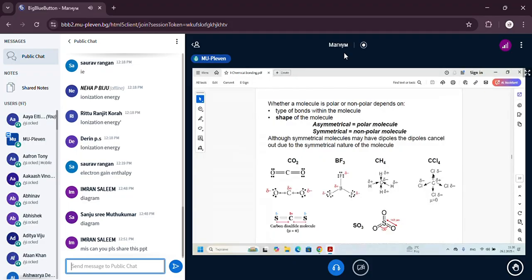You can see polar bonds, and the direction of dipoles is different compared with methane. But as a whole, the molecule of carbon tetrachloride is non-polar. Non-polar is also the molecule of sulfur trioxide.